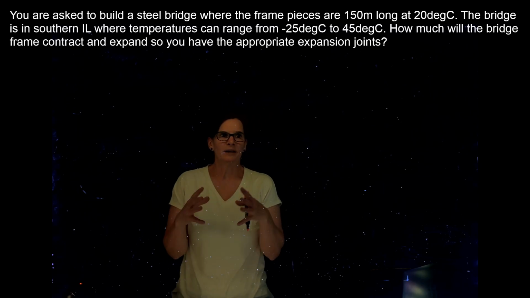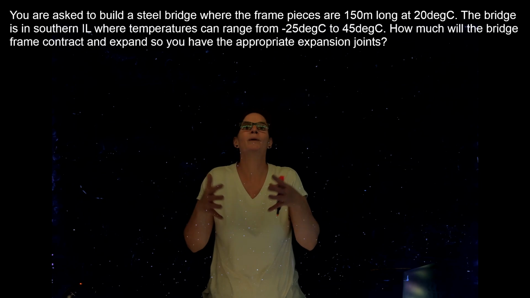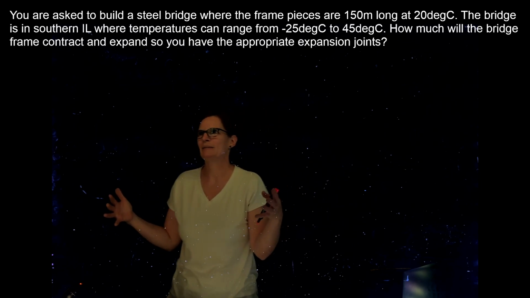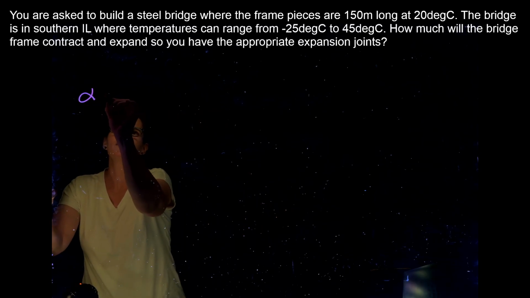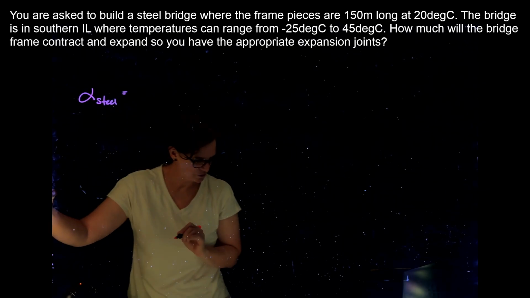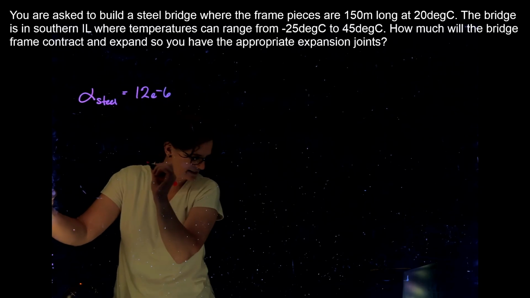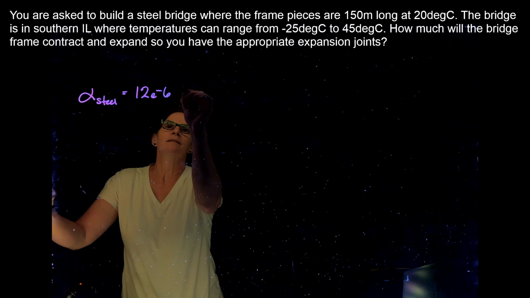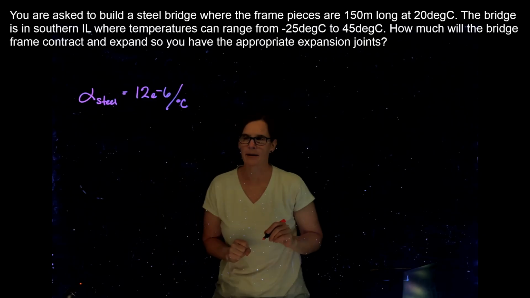Well, we're going to talk about how the length of that bridge is going to be changing, and so this is a length expansion example. And so the alpha, the coefficient of length expansion for steel, is equal to 12 times 10 to the minus 6 per degree Celsius, or degrees Celsius to the minus 1.